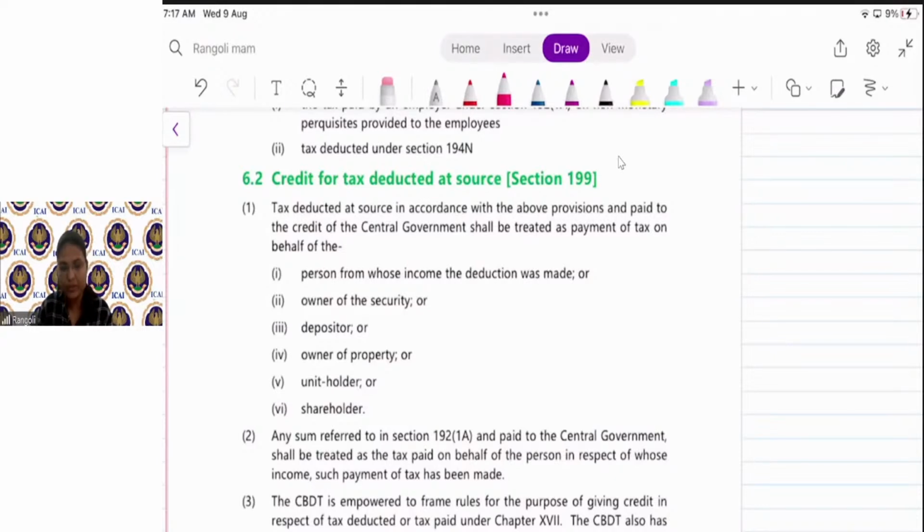I have already explained to you this owner of security. If it is TDS on interest on security, then in that case it is on behalf of owner of security, depositor, owner of property, unit holder, shareholder, etc. Right?